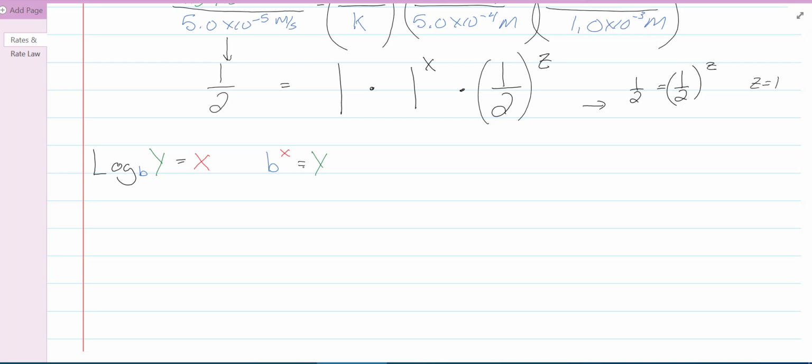Now, in the calculator, b to what power is y? Okay. All right, because I have 1/2 to what power is 1/2. All right, so in the calculator, I got the log of y all over the log of b.